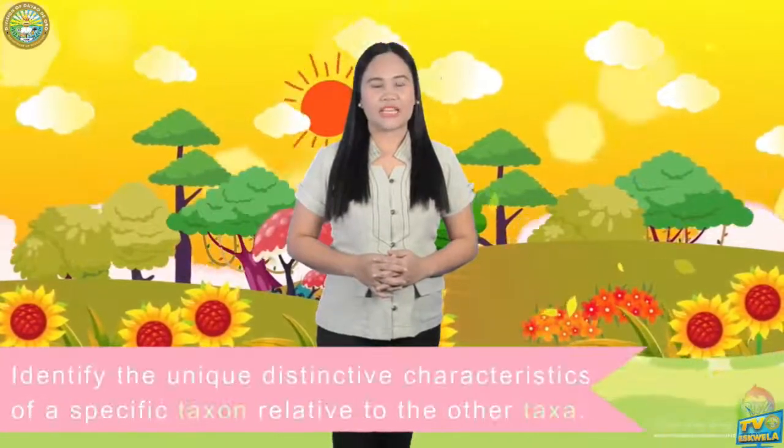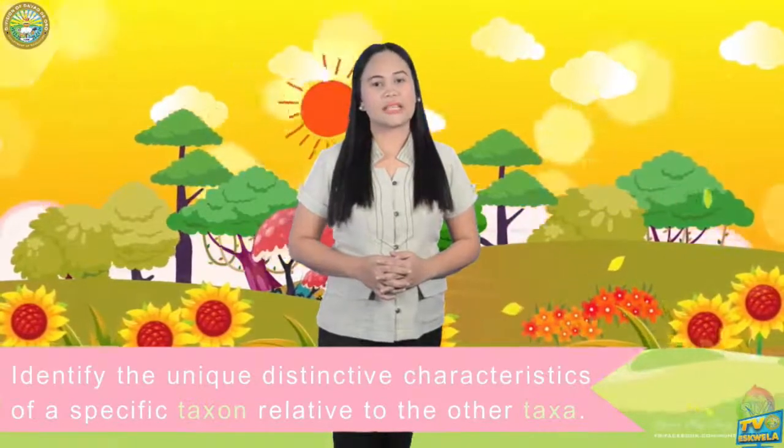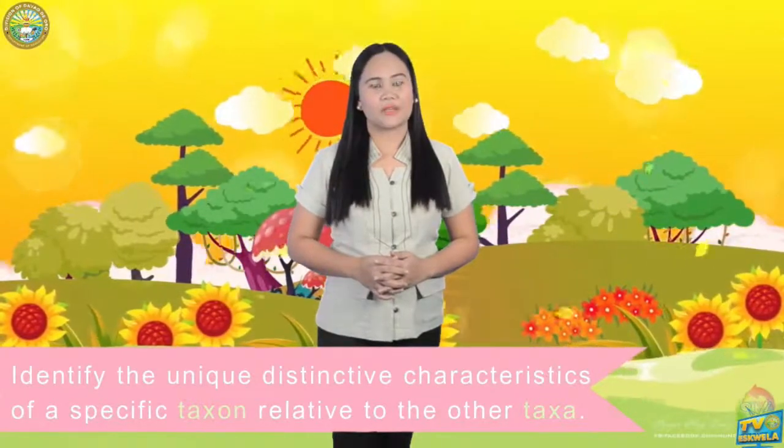This lesson is anchored on the most essential learning competencies in General Biology 2. It is under the learning competency, identify the unique distinctive characteristics of a specific taxon relative to the other taxa, with a code.